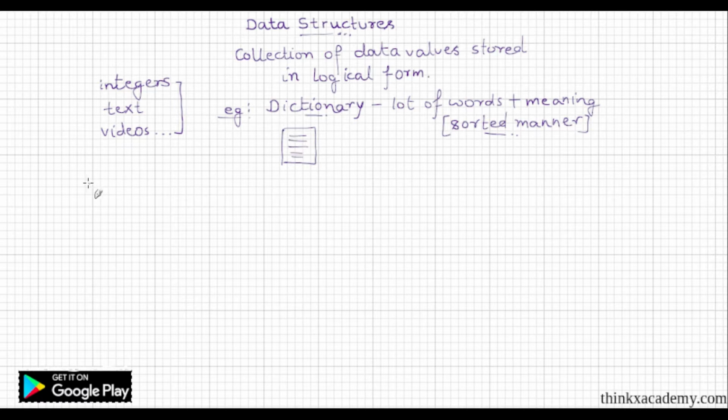And similarly, in computer science there are a lot of data structures, and in these data structures we will store the data values in some logical form. These data structures mainly differ from each other because they have different forms, or you can say different structures.